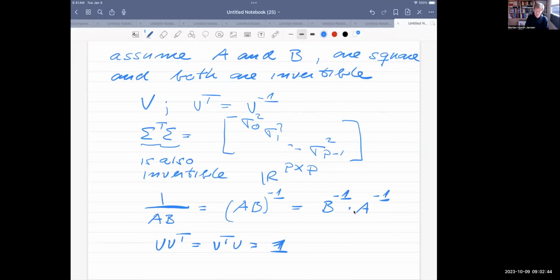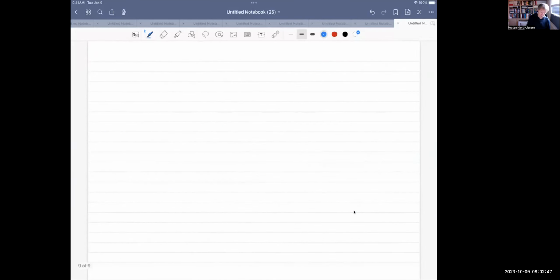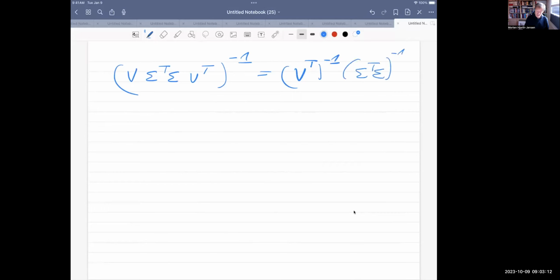So I can rewrite my denominator. The inverse of V sigma transpose sigma V transpose can be rewritten in terms of V transpose inverse, which is just the matrix V again, then sigma transpose sigma inverse, and multiplied with V inverse. If I do that, what I'm getting is V multiplied with sigma transpose sigma inverse, multiplied with V transpose.